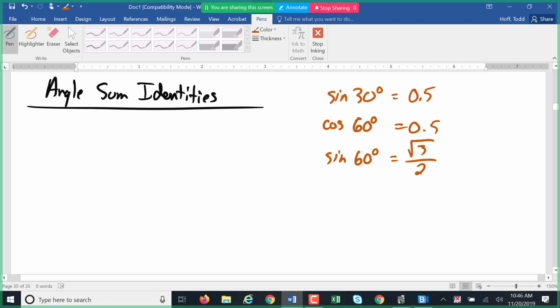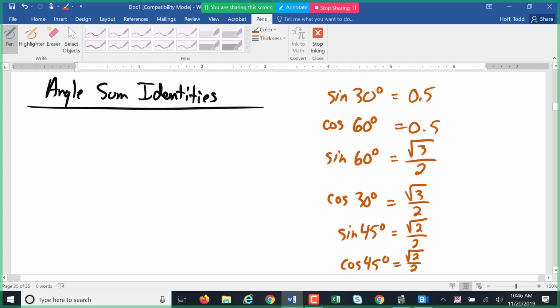Cosine of 30 degrees is also the square root of 3 over 2. Sine of 45 degrees is the square root of 2 over 2, and cosine of 45 degrees is also the square root of 2 over 2. So it's assuming that you know some of those standard trig values.